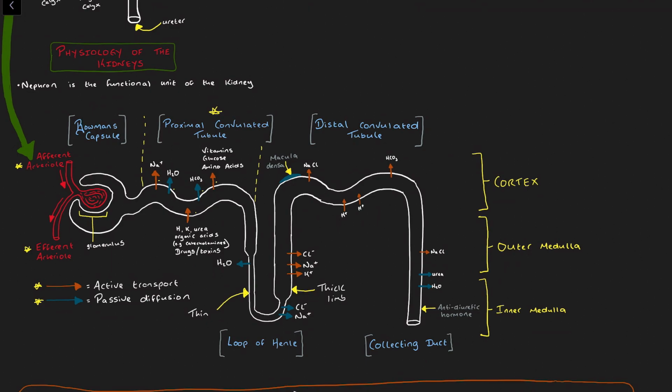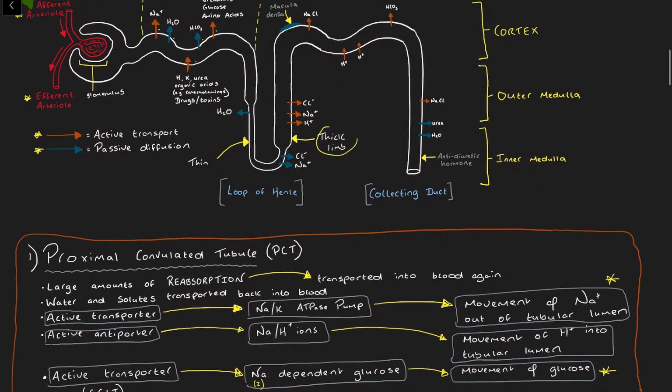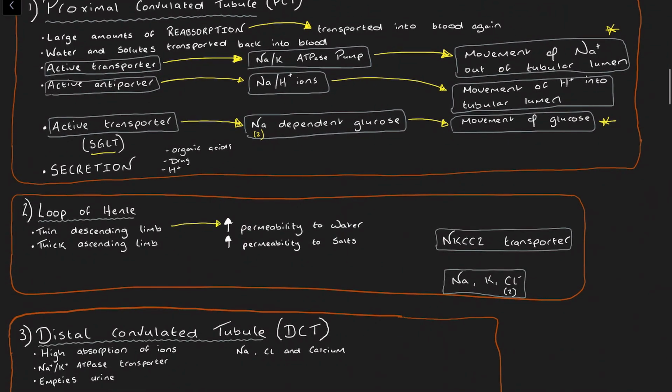In the thin descending limb, there's a high permeability to water with low amounts of urea, sodium, and other ions being reabsorbed too. The primary site of sodium reabsorption in the loop of Henle is this thick ascending limb over here. Unlike the thin descending limb, this limb is impermeable to water.